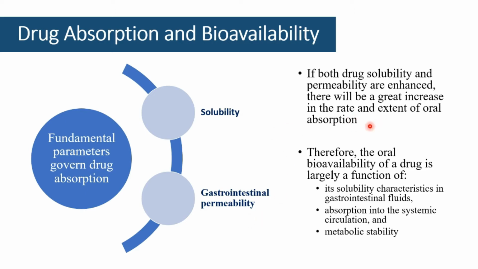If both the drug solubility and permeability are enhanced, there will be a great increase in the rate and extent of oral absorption. Therefore, the oral bioavailability of a drug is largely a function of three things: its solubility characteristics in gastrointestinal fluids, absorption into the systemic circulation, and metabolic stability.